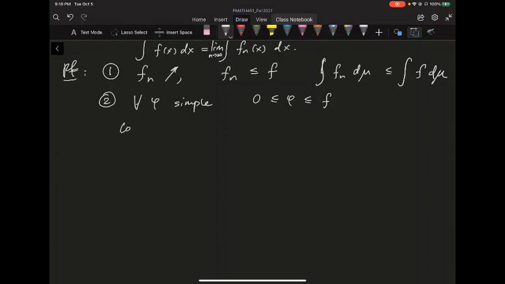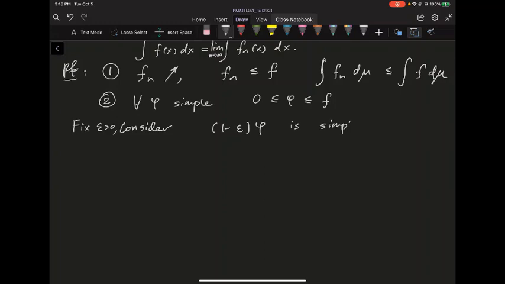Let's fix an epsilon greater than 0, and consider the simple function if I scale everything down by 1 minus epsilon. Epsilon is a really small number. If I scale it down, it's still simple.